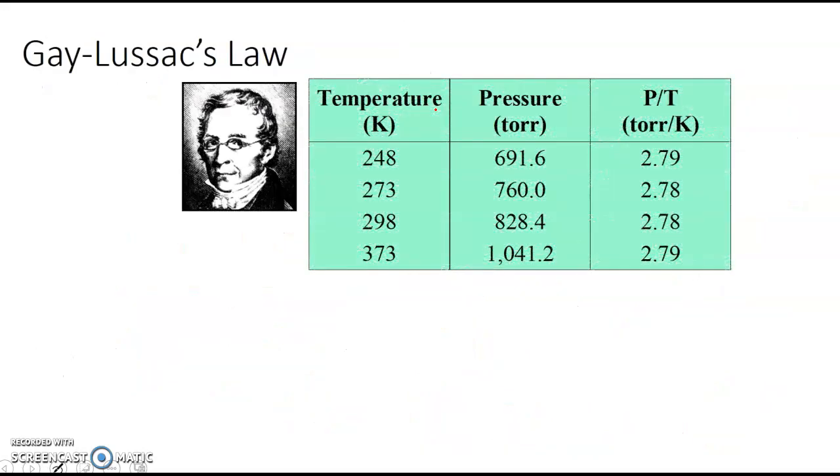Very similarly, we look at Gay-Lussac's law, and this is simply a relationship between temperature and pressure. As the temperature increases, the pressure is also going to increase. Think about a balloon that you blew up on a winter day inside where your house is warm.